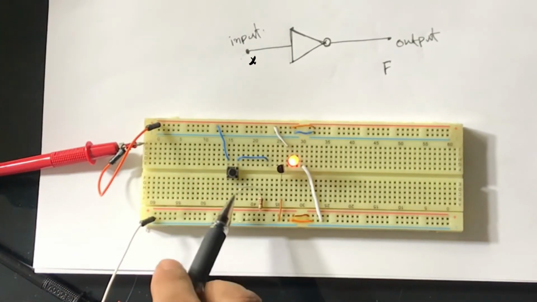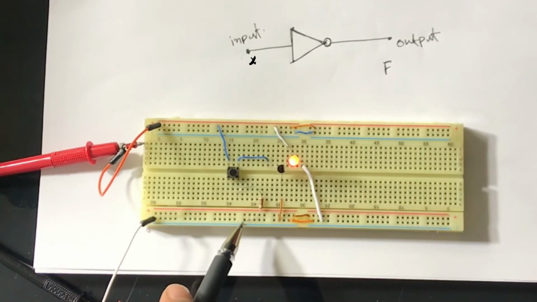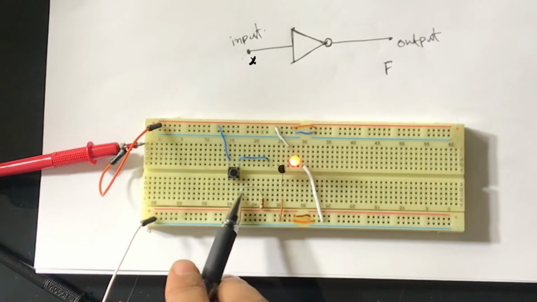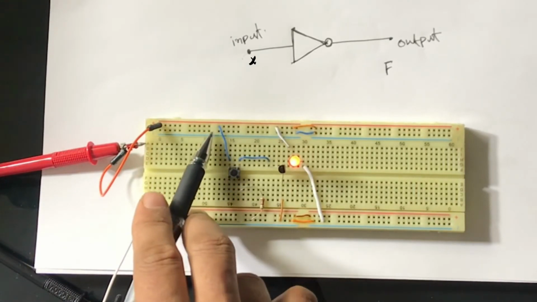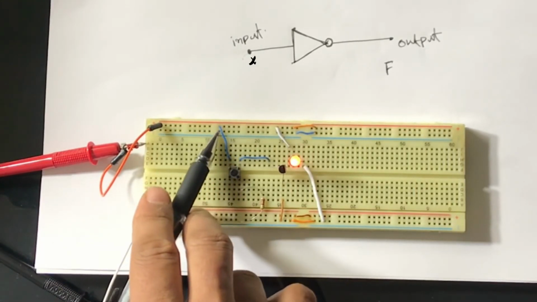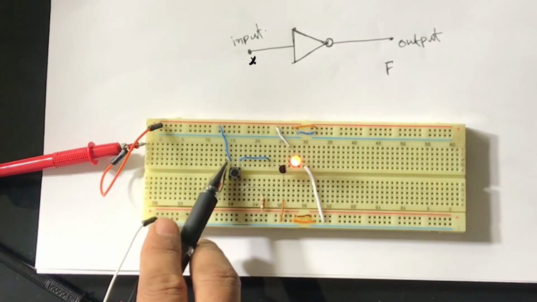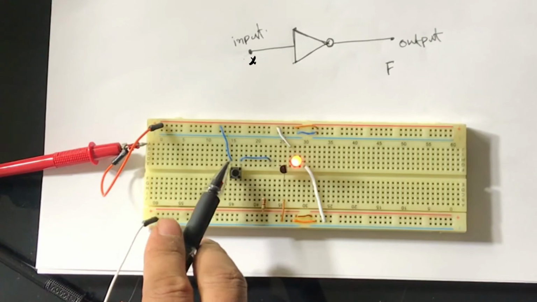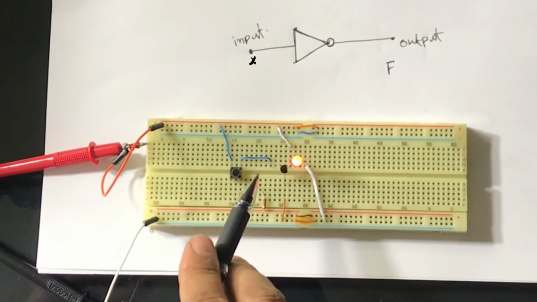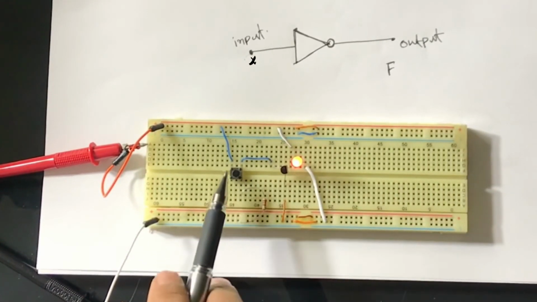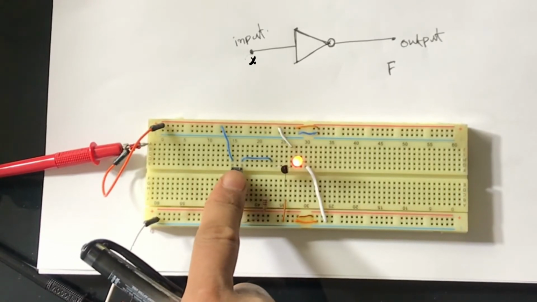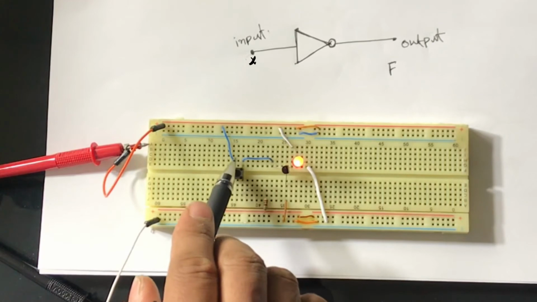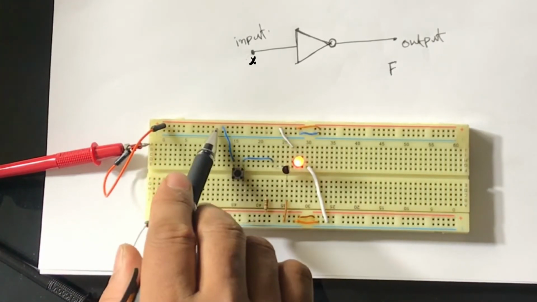You can see this resistor is connected to the ground, or the negative terminal of the power supply, and from the switch, one end is connected directly to the positive terminal, and then when I press the switch, this and this wire will be connected to the positive power supply.